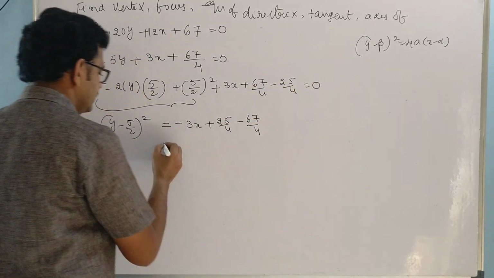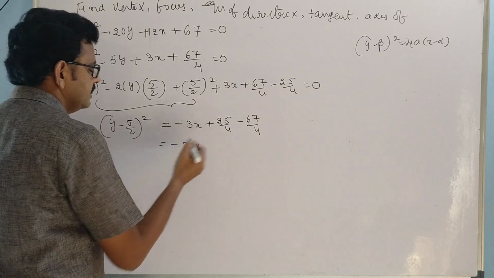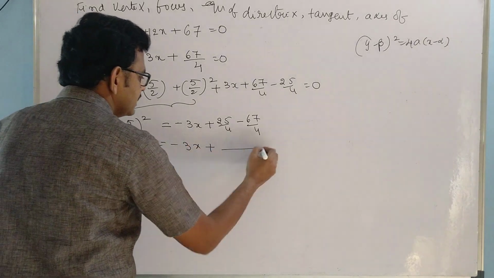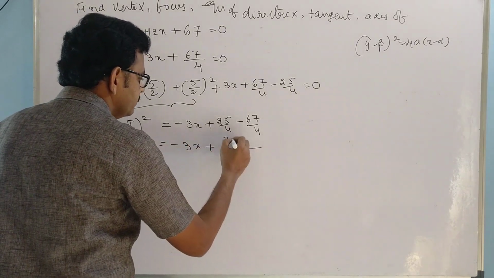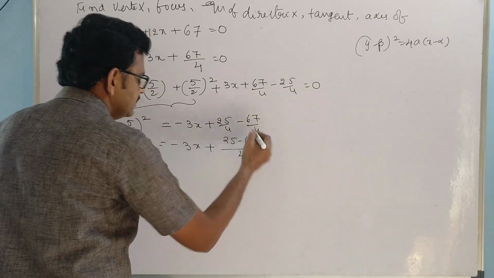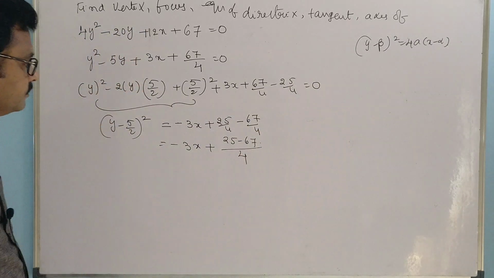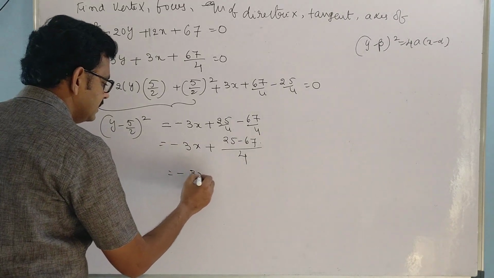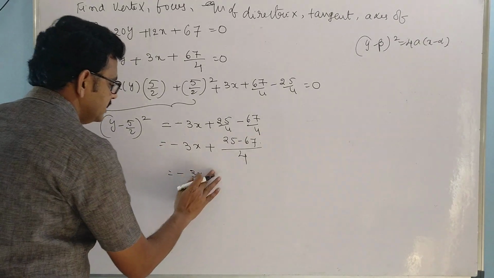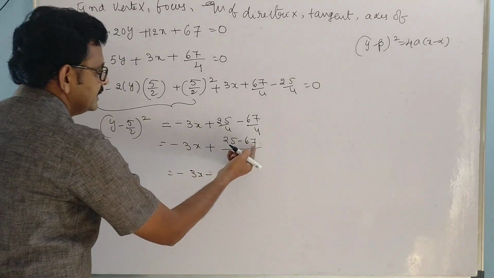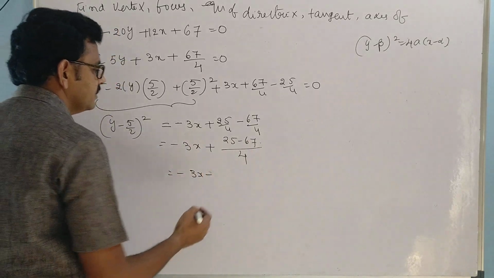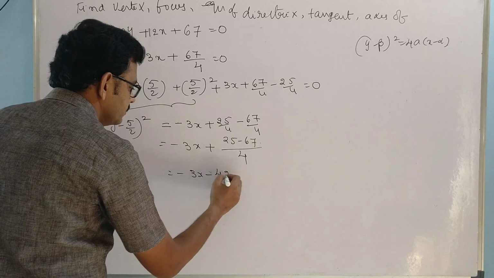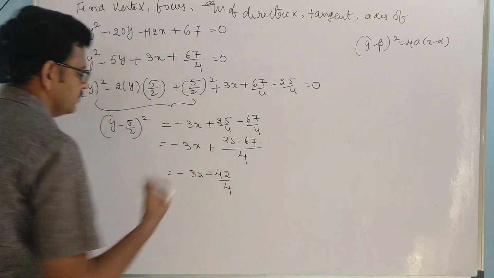Take the LCM of these two, 25 minus 67, that is equal to minus 3x plus, minus 67 minus 25, that is 42, 42 by 4.